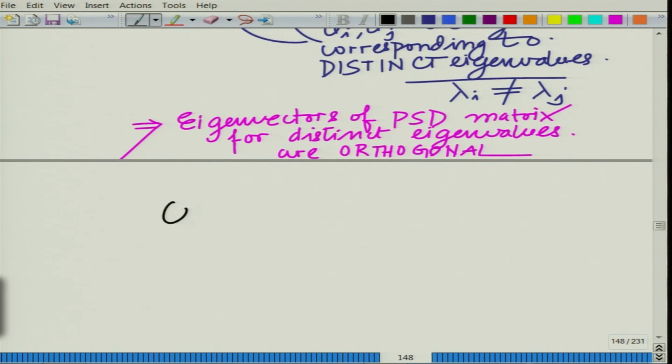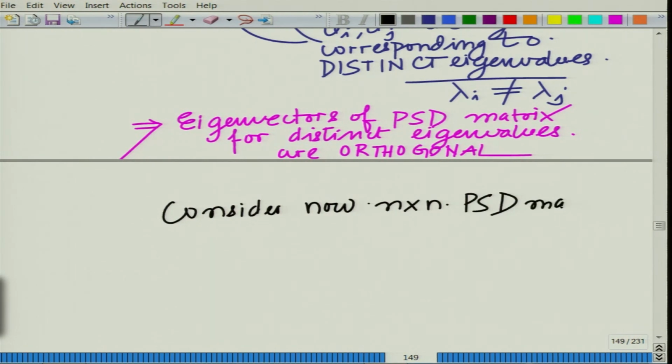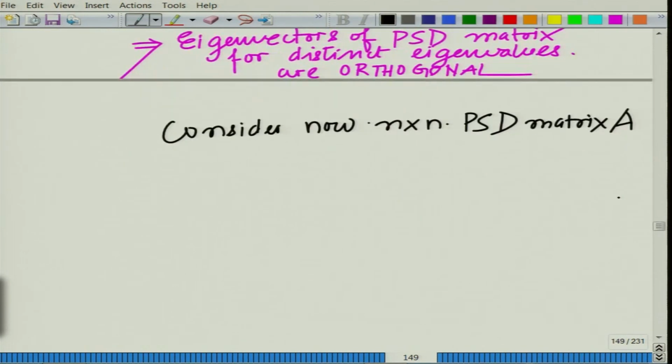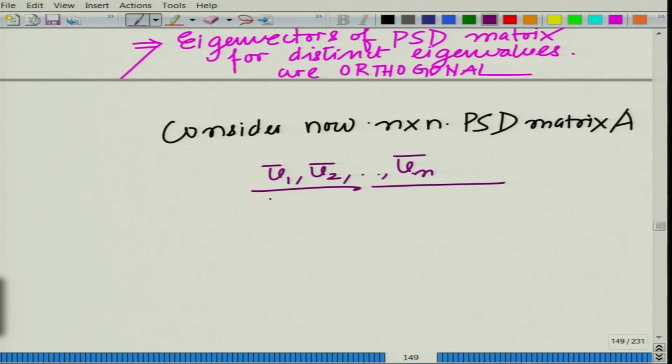This gives a very interesting decomposition. Consider now an n cross n PSD matrix A with eigenvectors u1 bar, u2 bar, un bar. These are the eigenvectors of A.